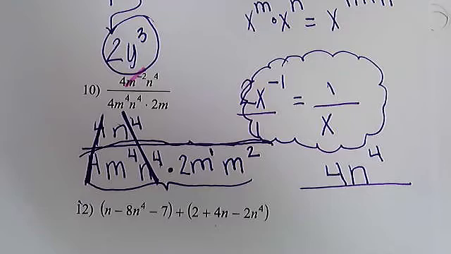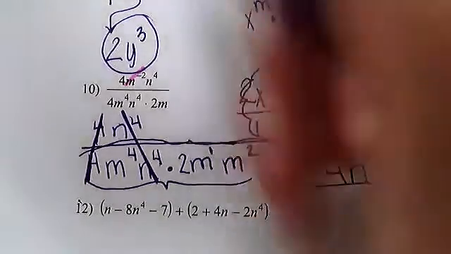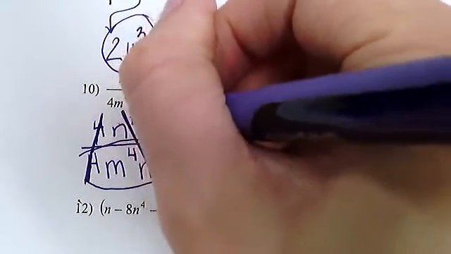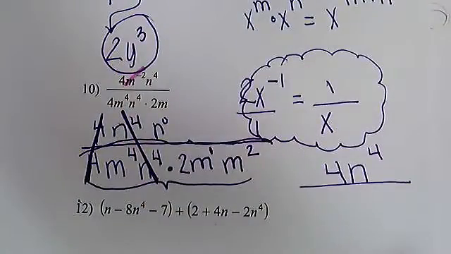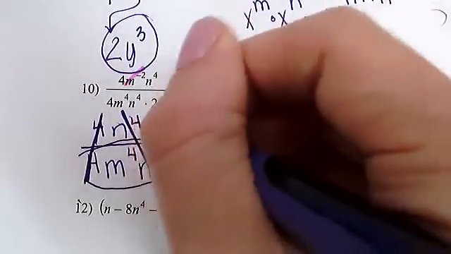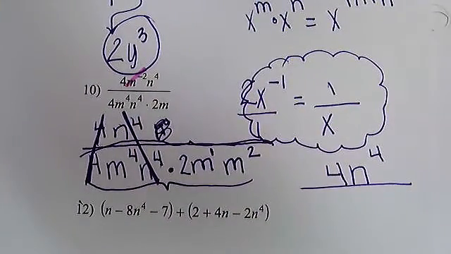So when that happens, you could put m to the 0, but there's really no point in putting it, because if you go in your calculator and you do any number to the 0 power, it's just 1. It gives you a placeholder.